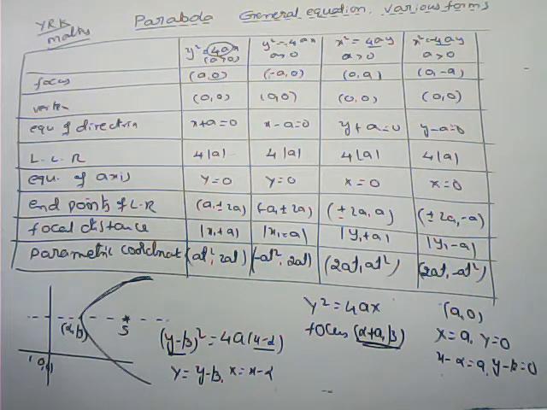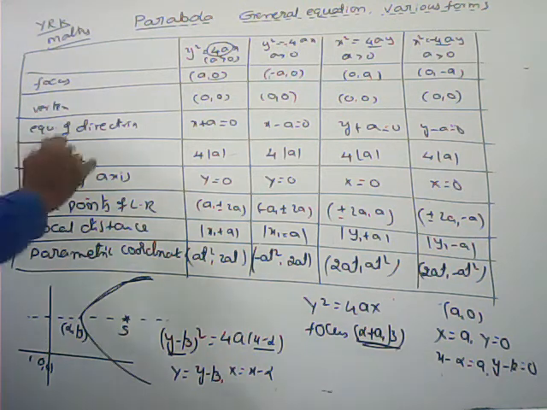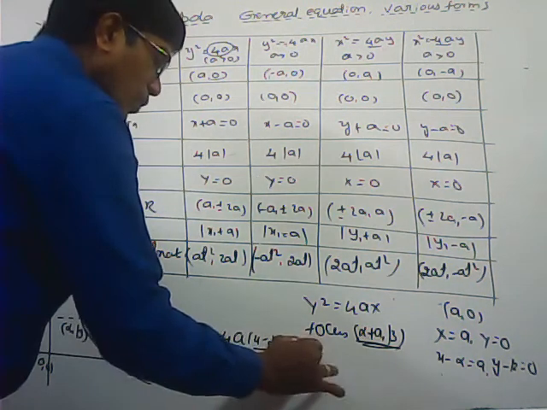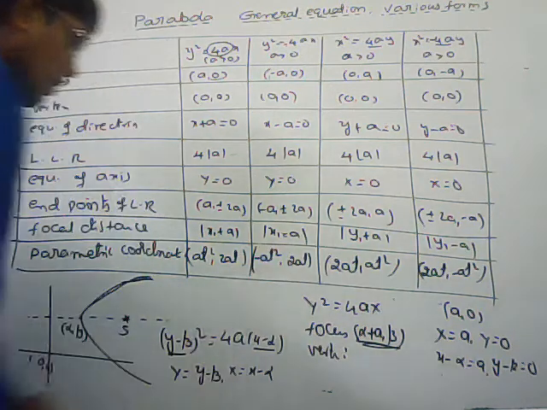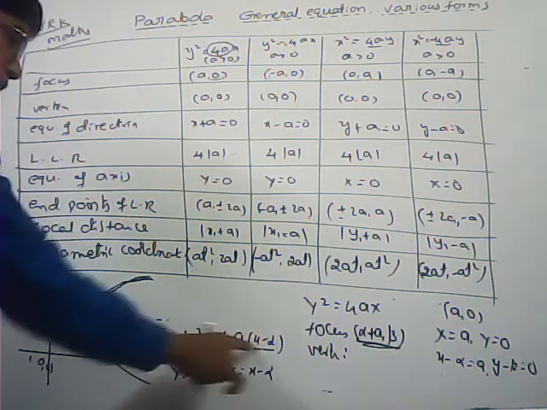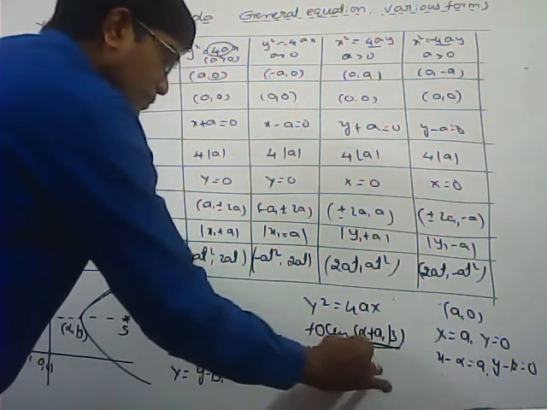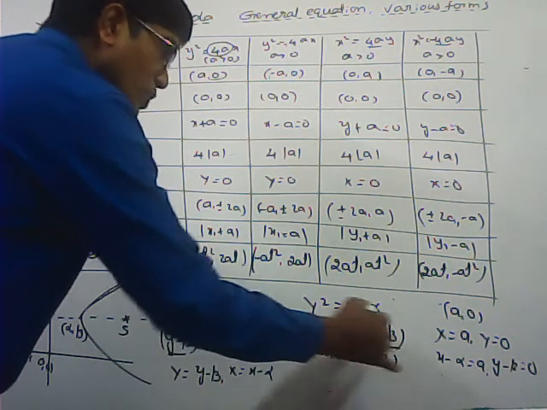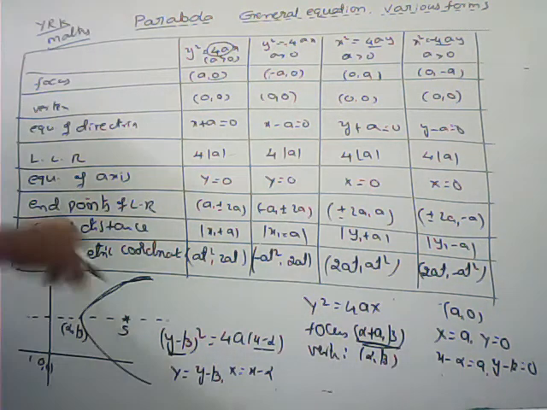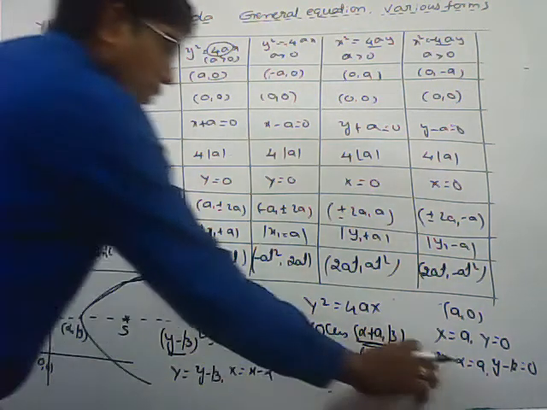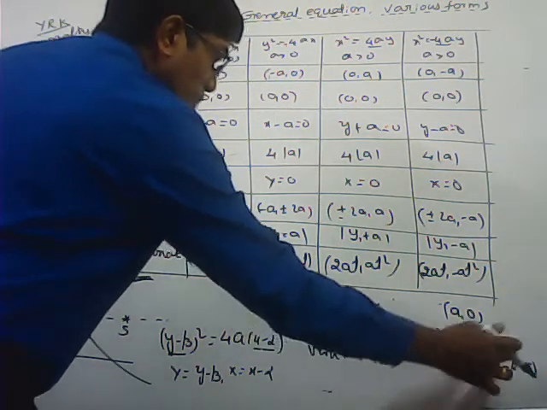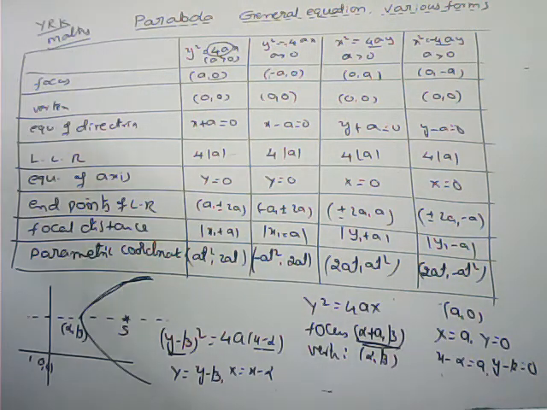Y minus beta whole square equals to 4a into x minus alpha. What is the vertex? Vertex x equals to alpha, y is equals to beta. Otherwise 0 comma 0 you can put. Next, x minus alpha equals 0, x equals to alpha, y minus beta equals 0, y is equals to beta.